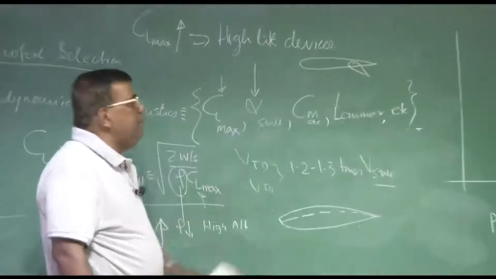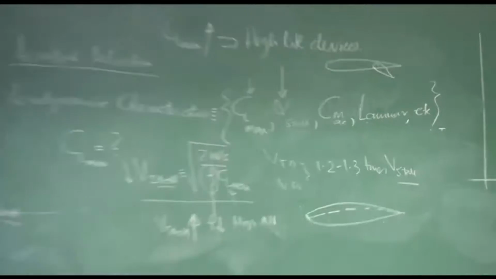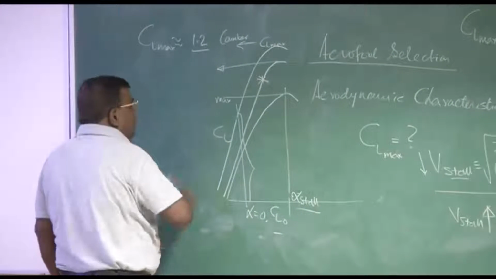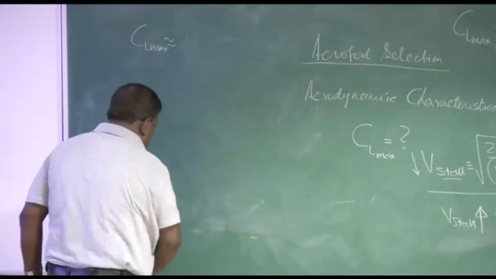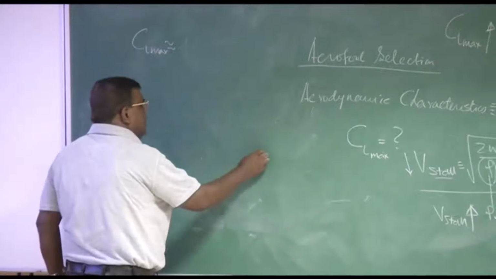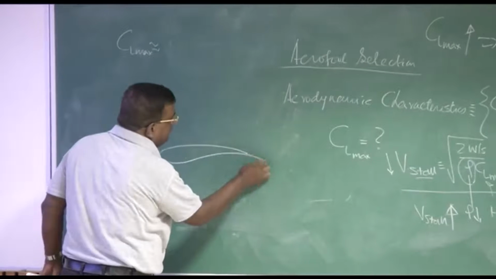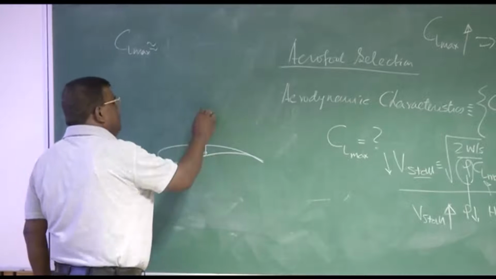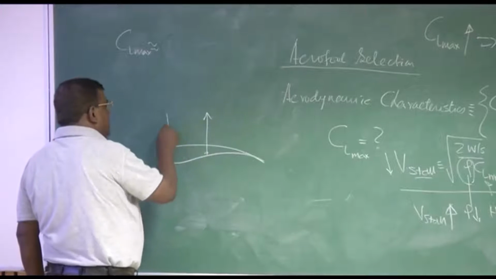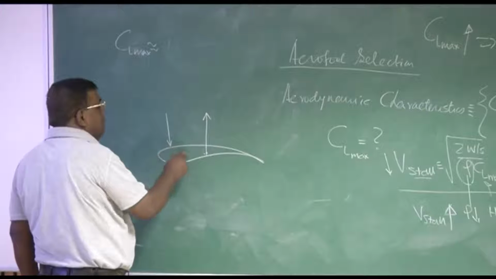I have written here CMAC. The moment there is a camber, as you introduce camber, and you know that if this is the camber I have introduced, then the lower portion resultant force will be in this direction, the upper one in this direction. They don't pass through the same point.